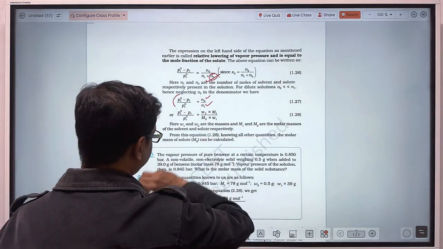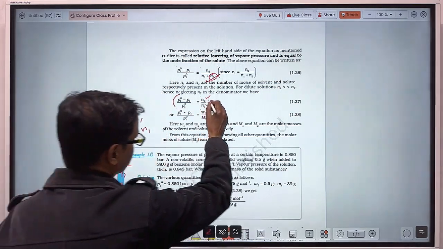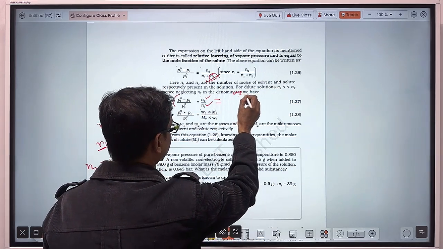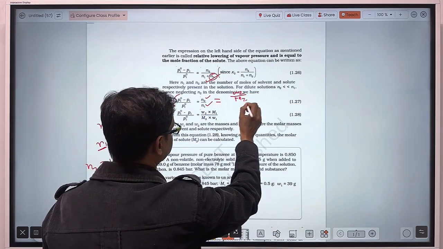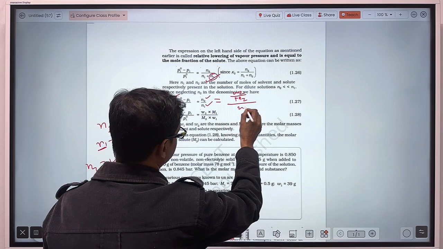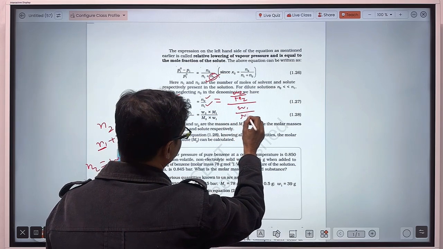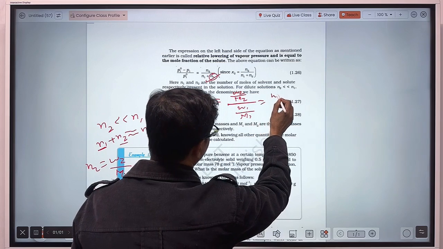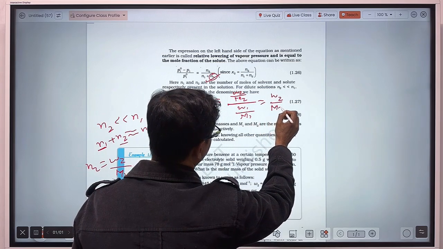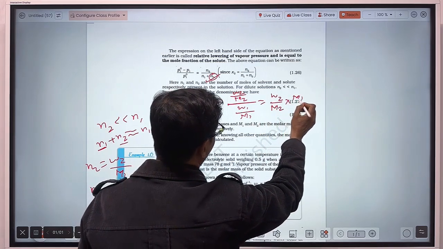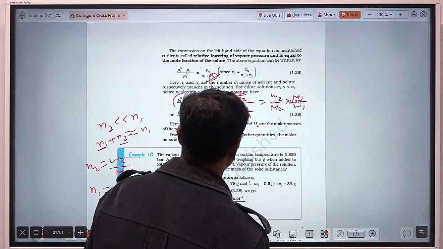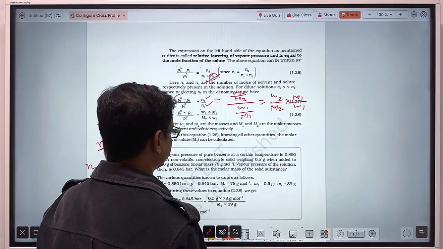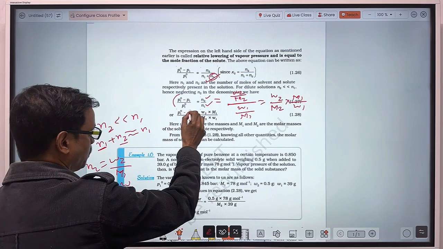So in place of N2 we can write W2 by M2, upon W1 by M1. This is the main division line. So that will equal W2 upon M2 into M1 by W1, that is W2 M1 upon M2 W1.